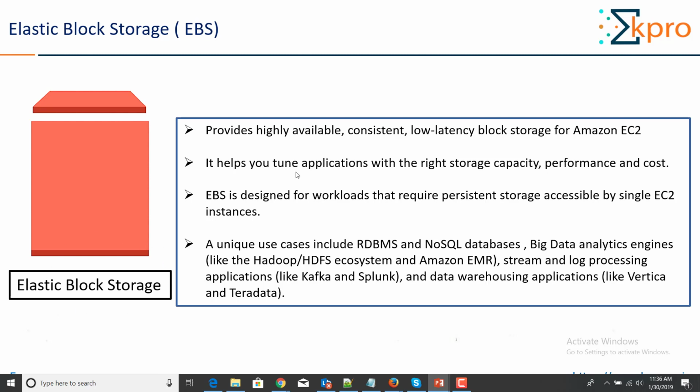You can choose Elastic Block Storage. Why can't I choose the previous one, S3? That is because that was object storage, and here EBS requires a server to attach to. If a server is not attached you can't access the data, so it is not serverless storage. A server is required to access the data stored in Elastic Block Storage, and you can install binaries also. So that is the use case of EBS.